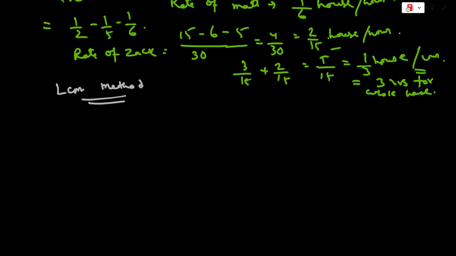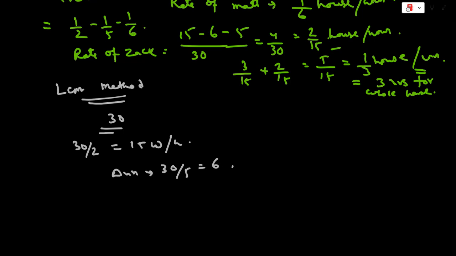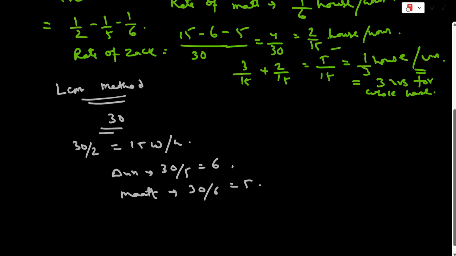So let the house have 30 windows. The total team cleans 30 by 2, that is 15 windows per hour. Anne cleans 30 by 5, that is 6. Matt cleans 30 by 6, that is 5. So Zach must clean 15 minus 6 minus 5, that is 4.